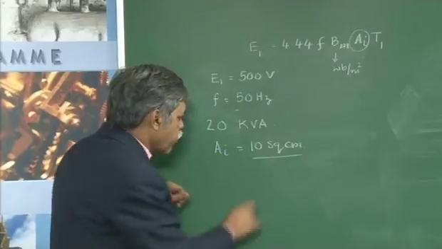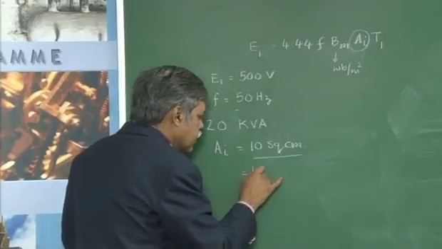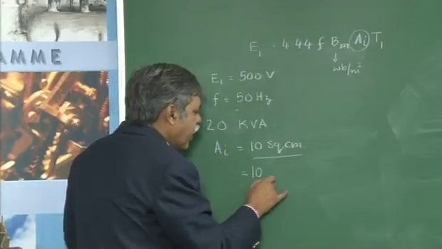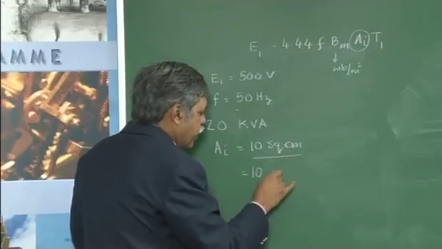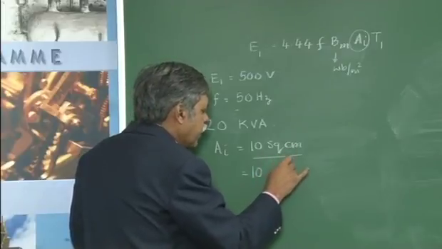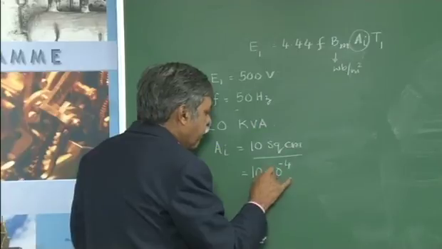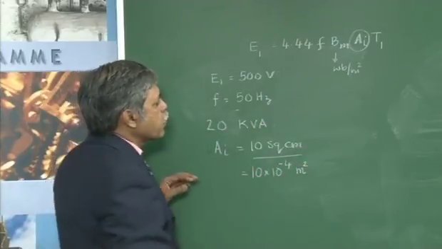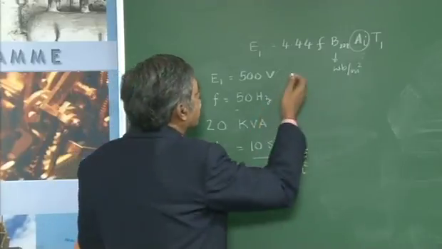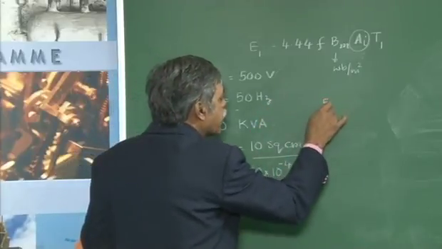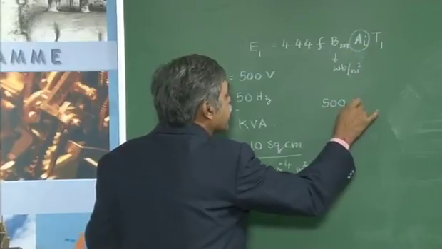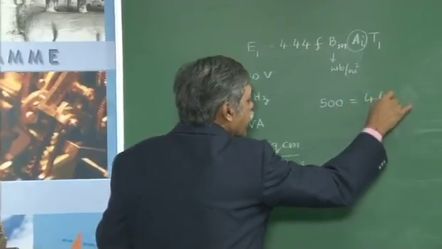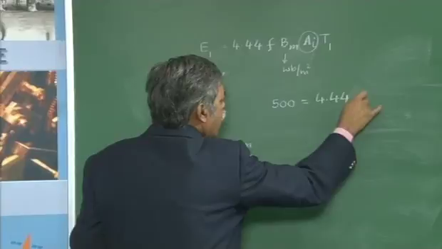So converting this to meters, 10 divided by 100 into 100, because it is square meters, I will get 10 into 10 to the power of minus 4 meter square. So by using these given parameters, I can evaluate the flux density by just substituting the values given here.